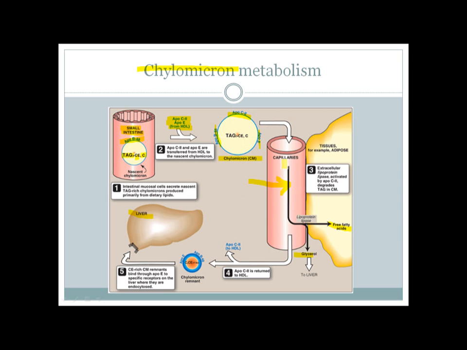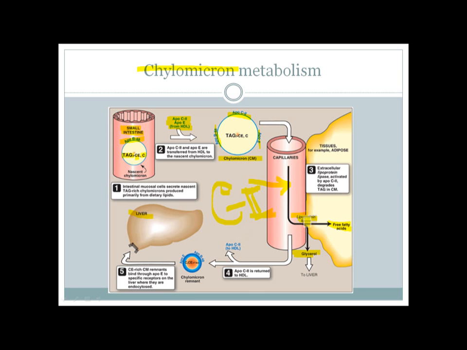And then chylomicron begins a journey through the capillaries, and when it comes to tissues, it finds a very important enzyme called lipoprotein lipase, and now the ApoC2 comes in handy, and ApoC2 activates the lipoprotein lipase, which cuts the triacylglycerols into free fatty acids and glycerol. So ApoC2 helps triacylglycerol to cut into 2 pieces. Okay, C2 for cutting into 2 pieces.